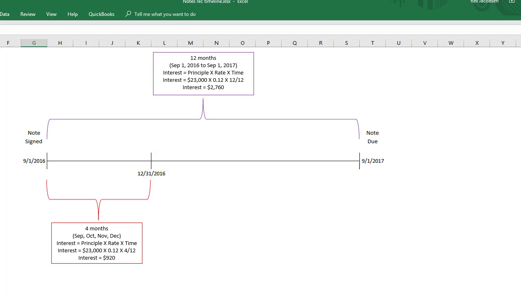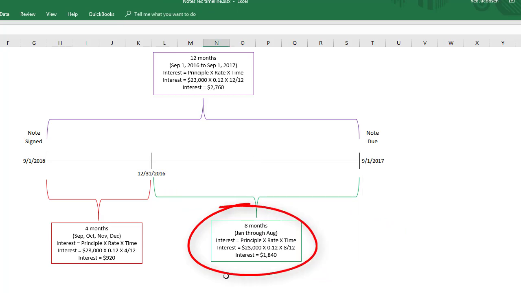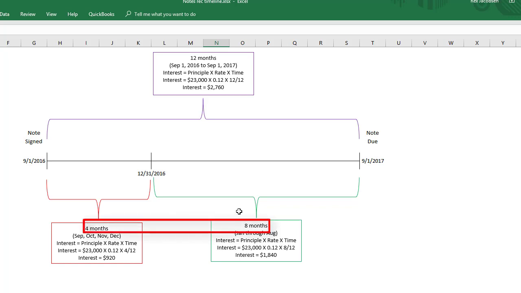When we receive that interest, we have to show how much we've earned that year. So here's my calculation in green. How many months between January 1st to the beginning of September? That's 8 months. January through August. Don't count September because this is the 1st of September, not the end. And also we know that we have to record a total of 12 months. So this 4 months plus whatever this is going to be has to equal 12 months. So that's another way that you know that this must be 8 months.